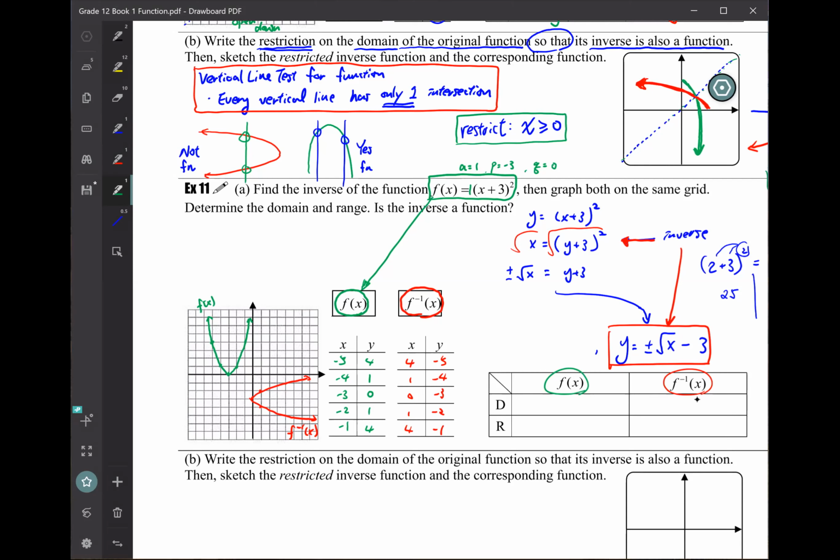So in fact, if you get the domain and range for the original, then basically you just swap to get the domain and range for the inverse, right?